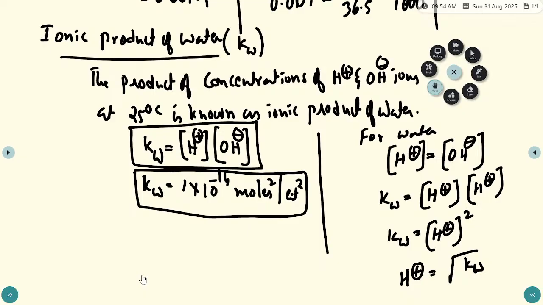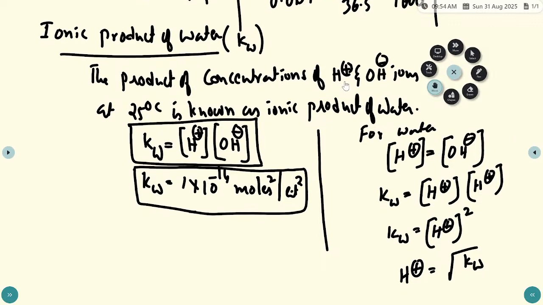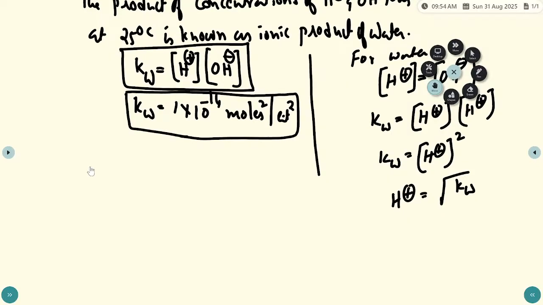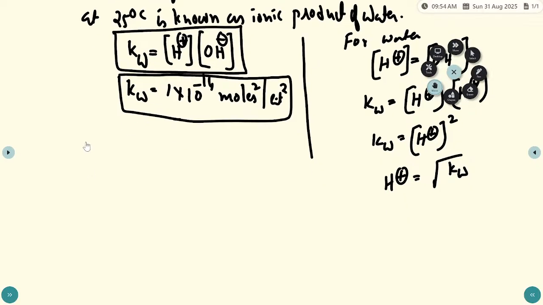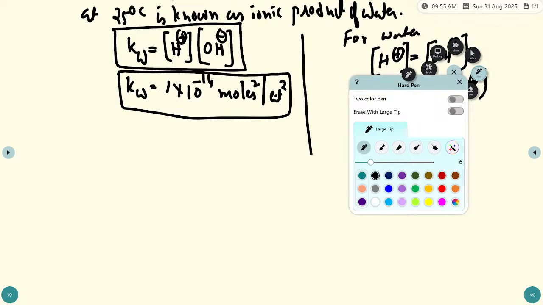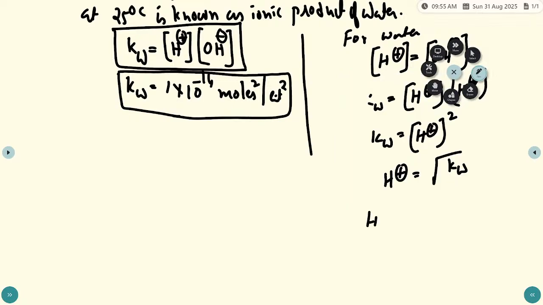And what is the Kw value? Write this down: H plus ion concentration is equal to root of Kw.